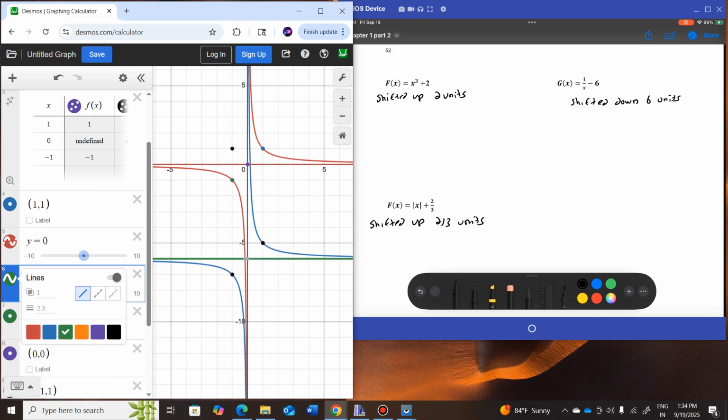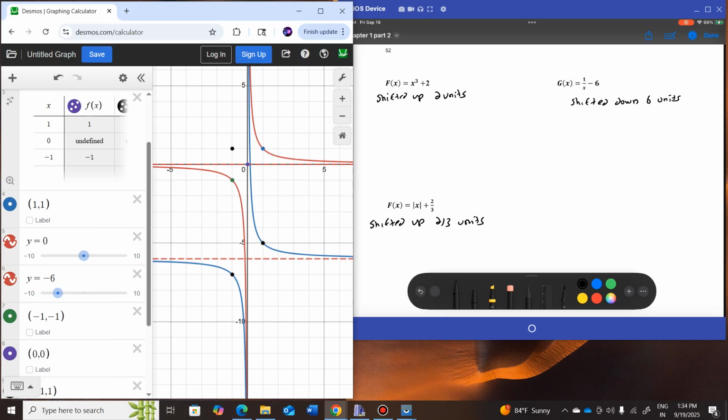Also make that an asymptote. Okay. We can see that asymptote got shifted down 6 units. And that's the key thing with rational graphs, you want to see what happens with the asymptote.